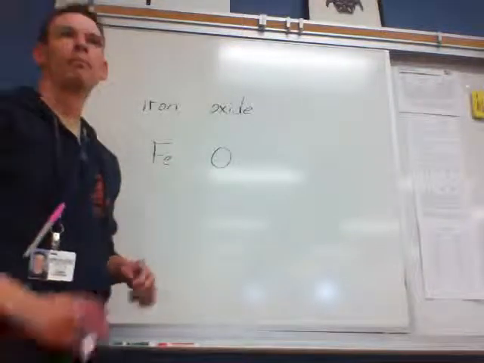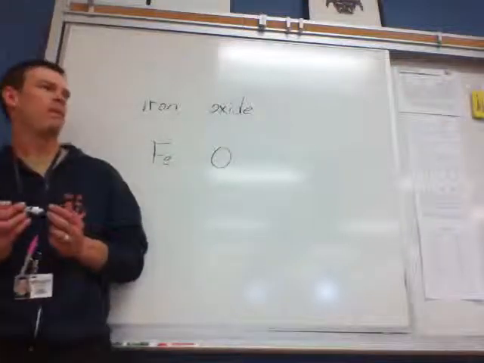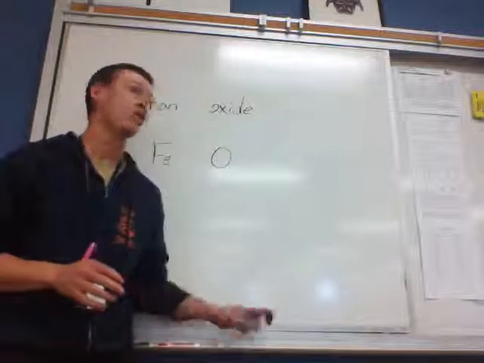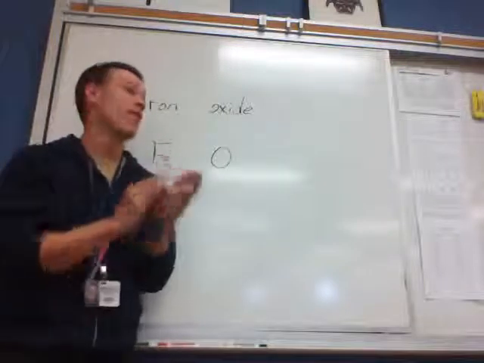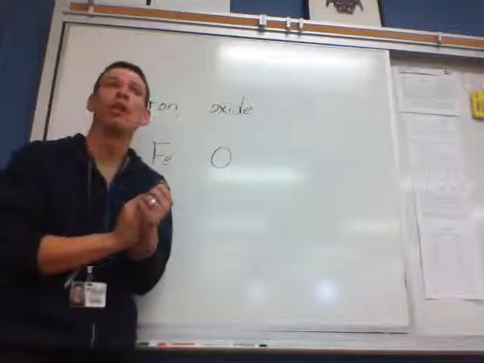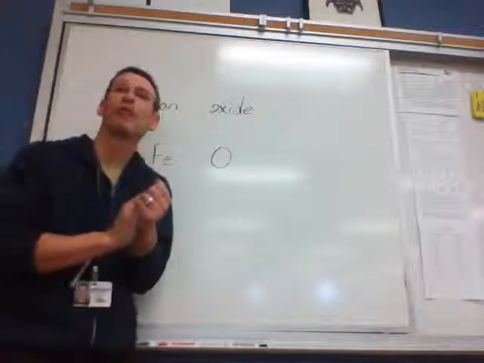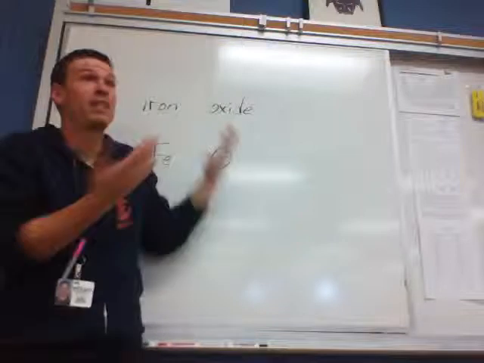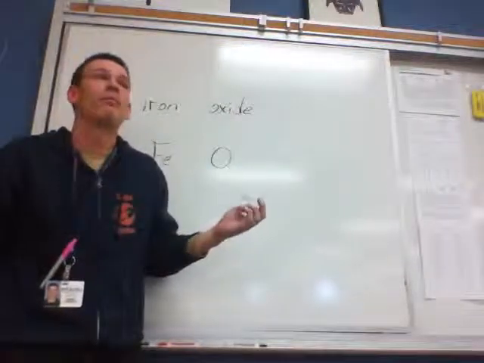Iron's charge is a problem. If you look at the periodic table, you'll see that iron doesn't have a charge written above it, and here's why. Iron can have a charge of +1, +2, or +3. It depends on which iron I'm talking about here, and I could be talking about any of them.